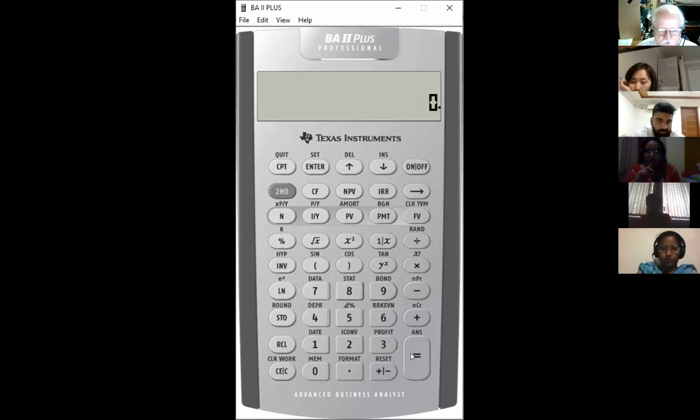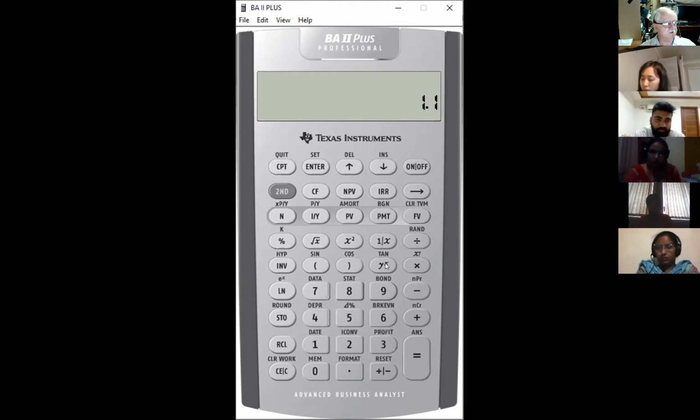Clear. So the formula we were using was 1 plus 10% equals. So inside the bracket, we had 1.1, right? And the exponent on this calculator is y to the x.